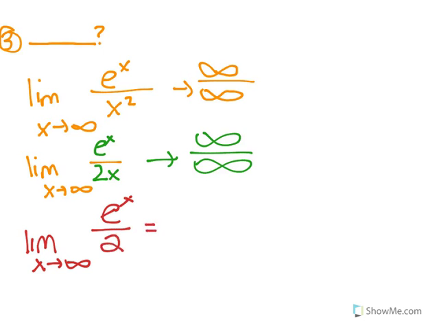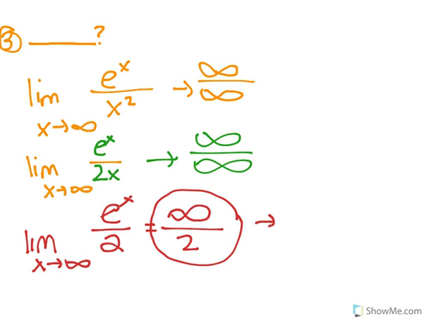So now if I put in infinity, I get infinity over 2. This is not indeterminate form. I now no longer have infinity on the top and bottom or combinations of 0. This one has an answer, and the limit of this function means the top is always going to get bigger and bigger. The limit is going to be infinity.